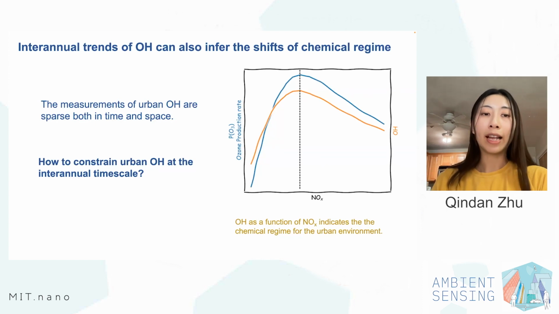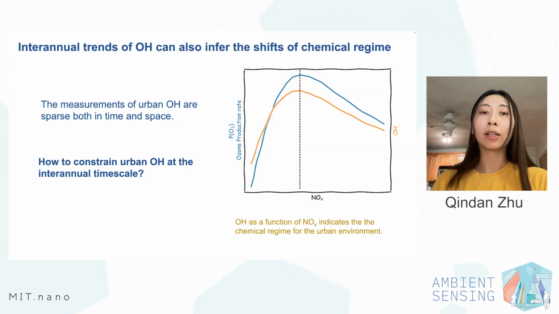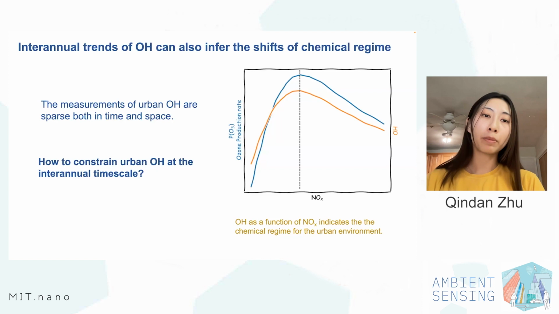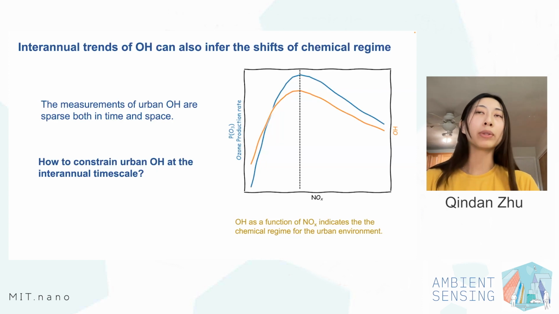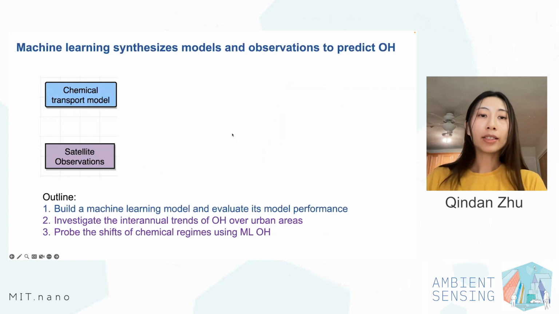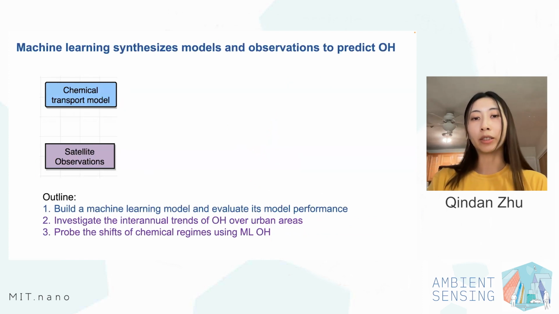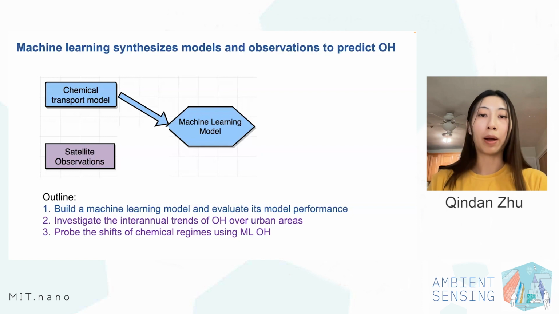So the question is now anchored to how we can constrain the urban OH at this long-term timescale, while the measurements of OH are quite sparse both in time and space. In my study, I propose a machine learning approach to be the solution of this question. Specifically, I will train a machine learning model based on the outputs from the chemical transport model.